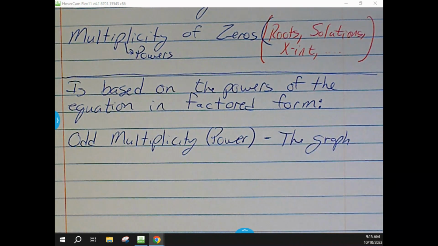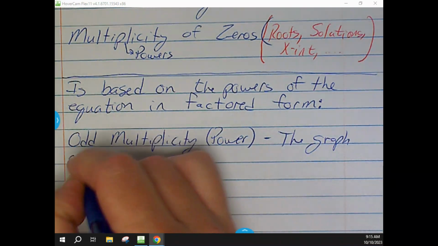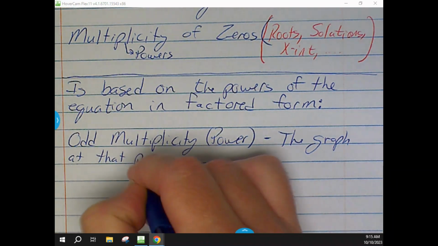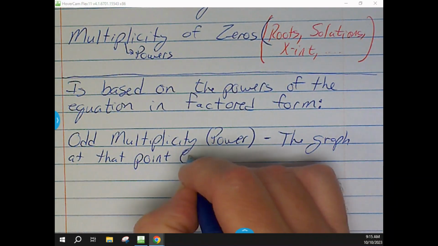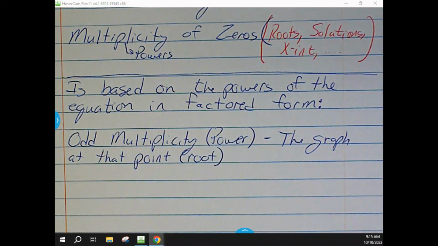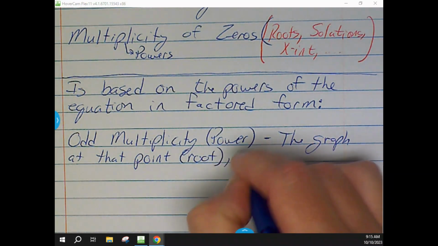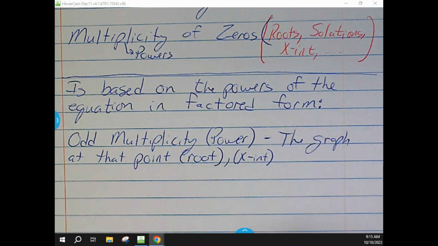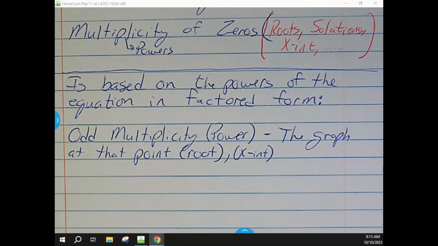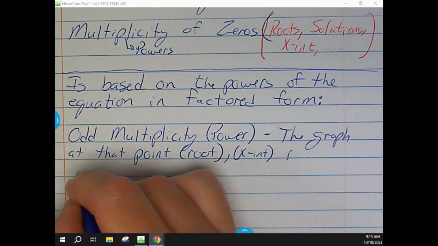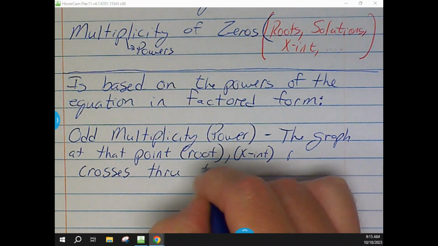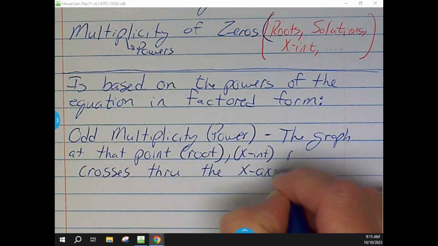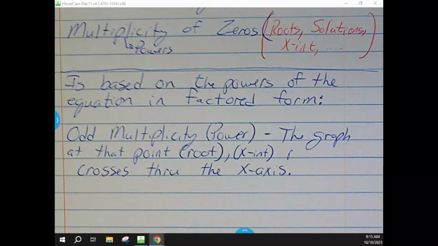Now, in all this, we're going to be talking about what happens on the graph. So the graph at that root, that solution, that x-intercept, whatever you want to call it, is going to cross through the x-axis.